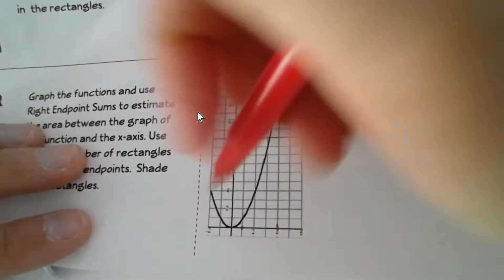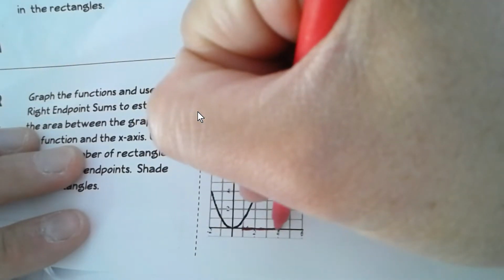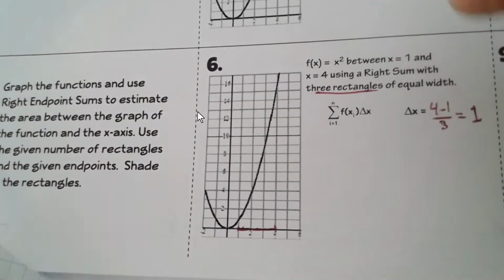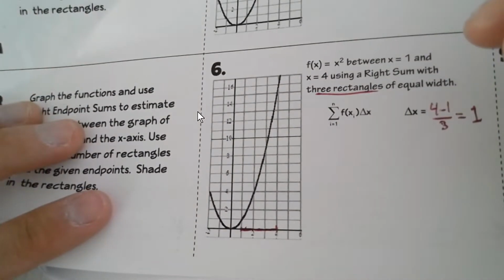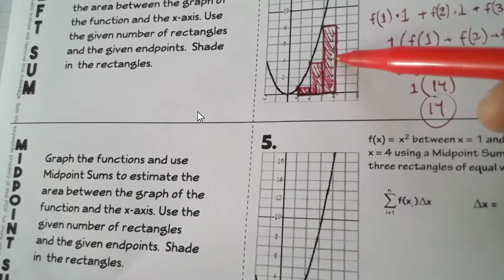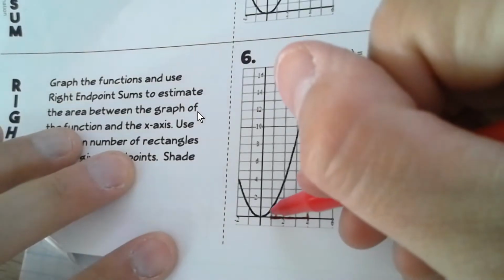What does that mean? The bases, remember, they still have a base of 1 unit. However, what does that mean for the right sum? What is the difference between doing the left sum and doing the right sum? Well, I'm going to show you right here.